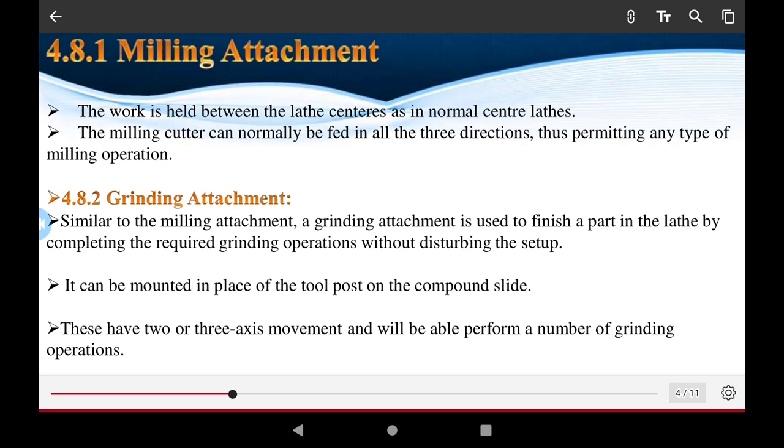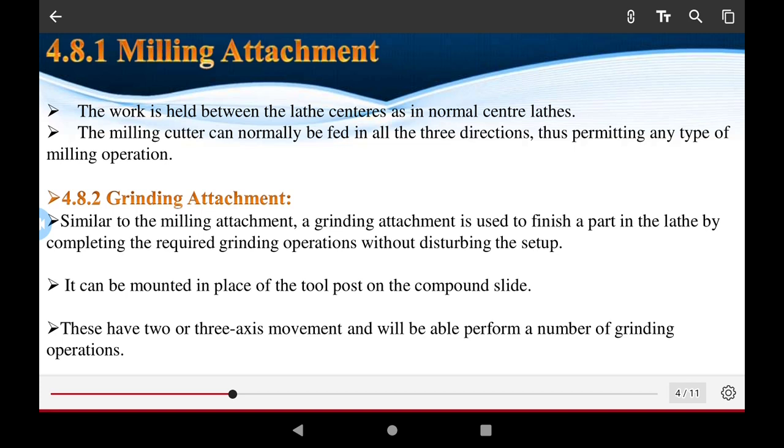For this operation, the jobs and the grinding tools are very strongly supported and held.